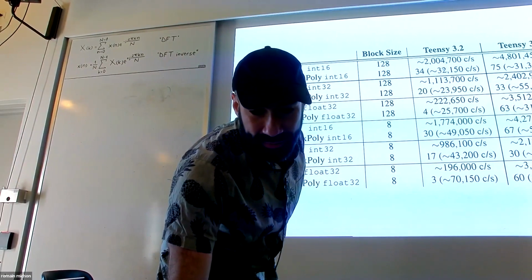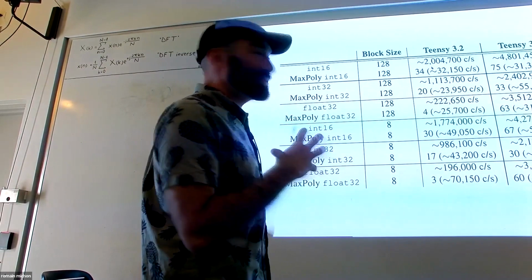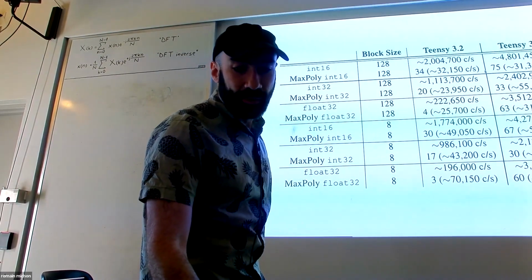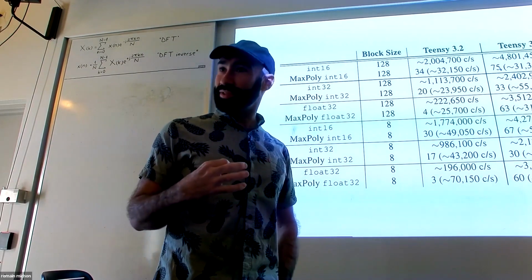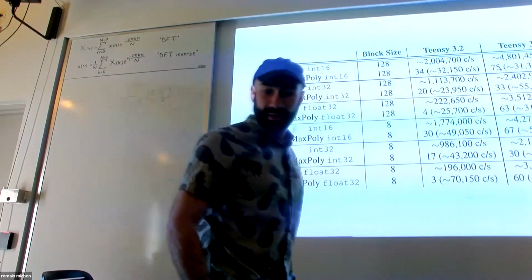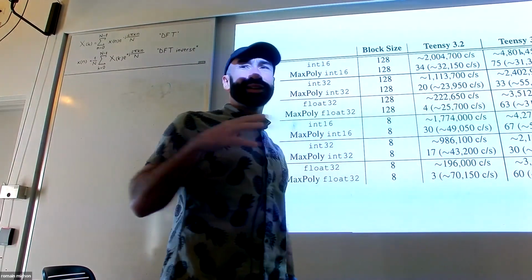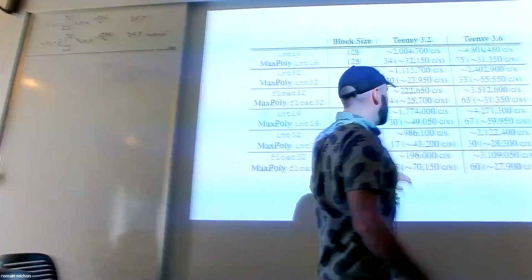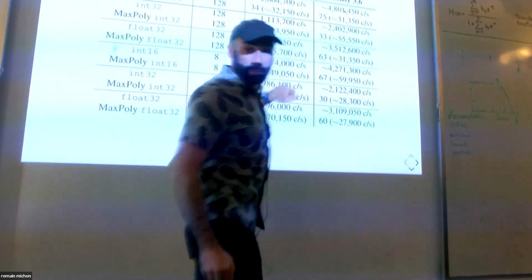Okay, so I know it's a weird table, and it's very hard to know what it means, but basically, these numbers here, like 34 and 75, they're the number of sine wave oscillators that you can run in parallel on both systems, okay? So the 3.6 is twice as powerful as the 3.2, okay? But the 3.6 has a floating point unit. The 3.2 doesn't have a floating point unit.